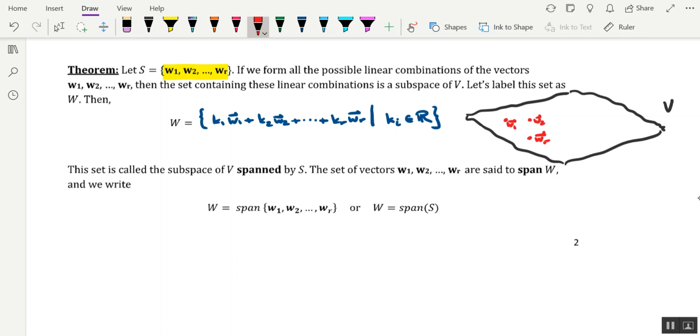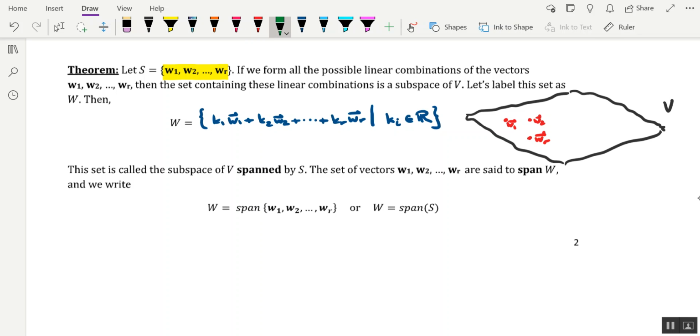If we look at all those vectors that come from the set S, and if we start mixing them all together, think about what you get when you mix two or more vectors together. You get another vector, don't you? So if we start mixing around W1 through WR, and if we generate all of the possible mixtures of these vectors that we could make, then the set containing all those mixtures would be a subspace of V.